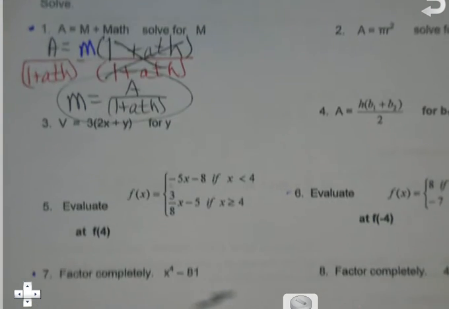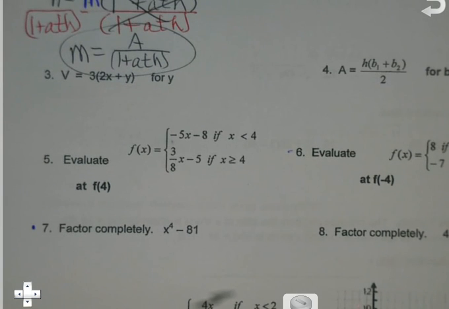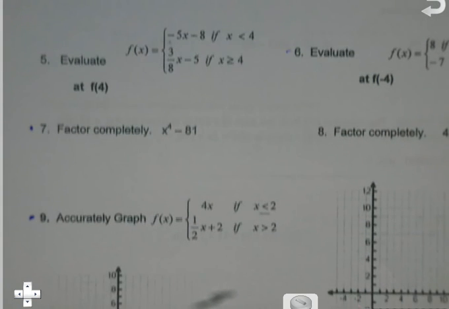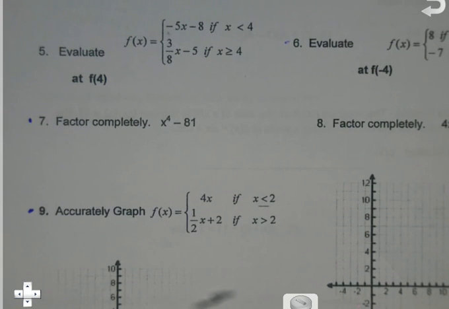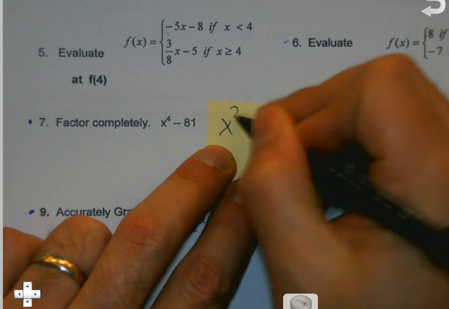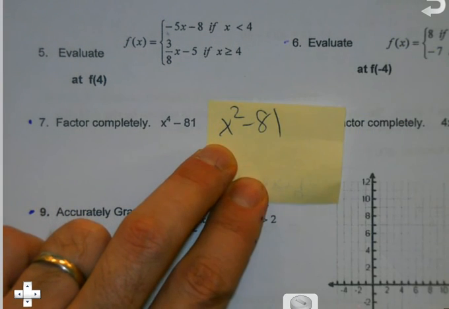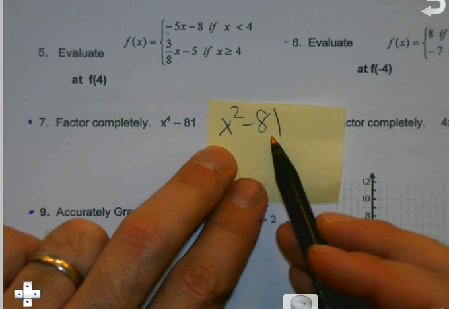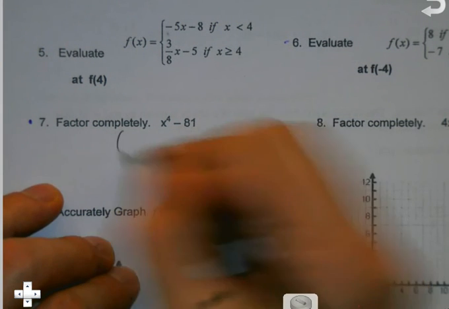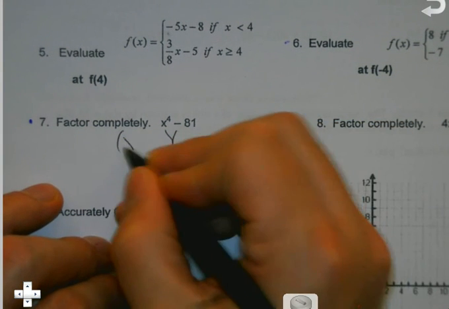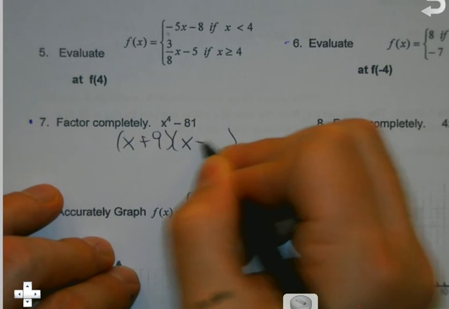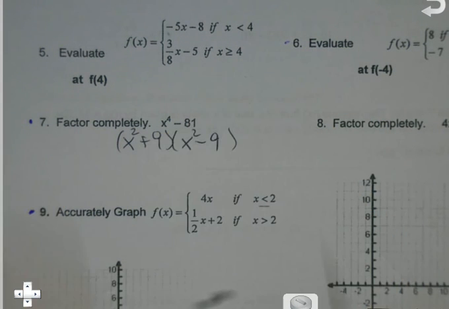And we keep scrolling down here. We've done some piecewise. Okay, factor completely. X to the 4th minus 81. Again, don't freak out by the x to the 4th. Remember, you see x to the 4th, pretend they're x squared. You're like, ooh, that'd be a difference of squares. Okay, let's treat it the same way. Except now instead of x plus 9, x minus 9, it's just squared.